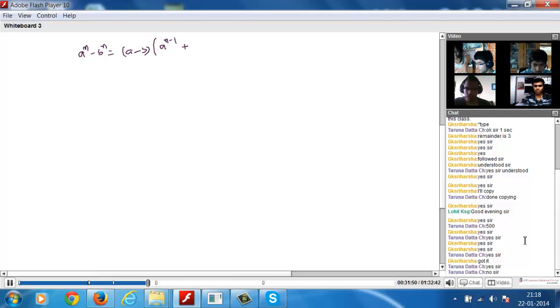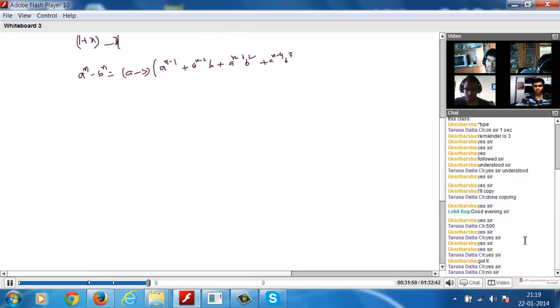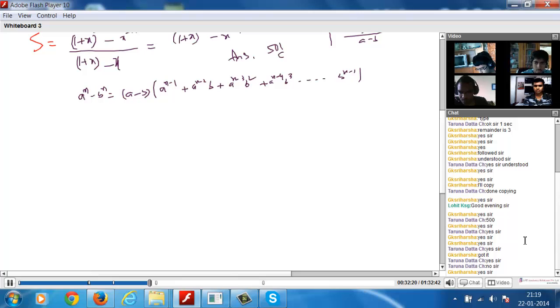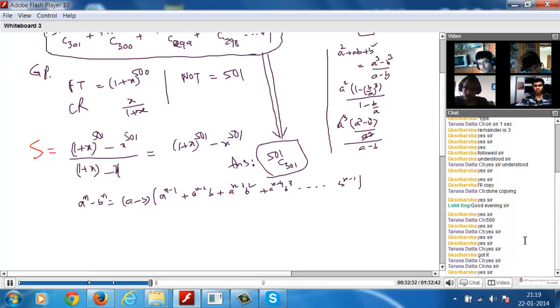So it is simply 1 plus x whole to the power 501 minus x to the power 501. a power n minus b power n is a minus b into, as Venkatesh just now asked, a power n minus 1 plus a power n minus 2 into b plus a power n minus 3 into b square plus a power n minus 4 into b cube, etc. up to b power n minus 1. So it's 1 plus x whole to the power 501 minus x to the power 501.